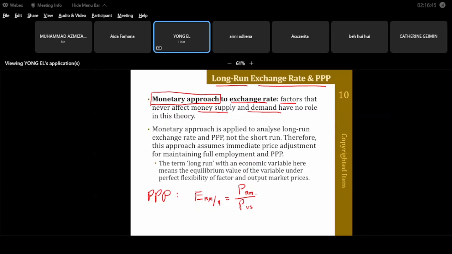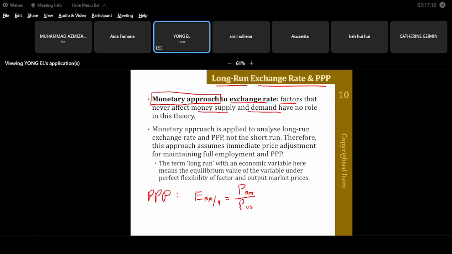Now I don't have to put I over here, because if we assume a commodity basket, then we don't have to put I. It is optional. When we don't put I, automatically you know that this is the general price level representing the commodity basket between the two countries.